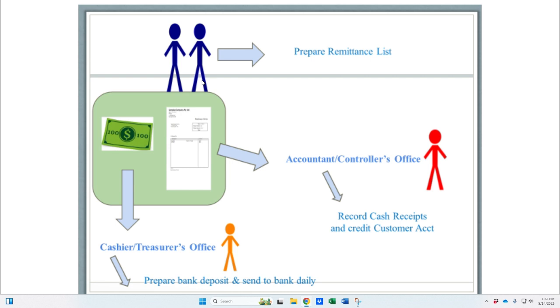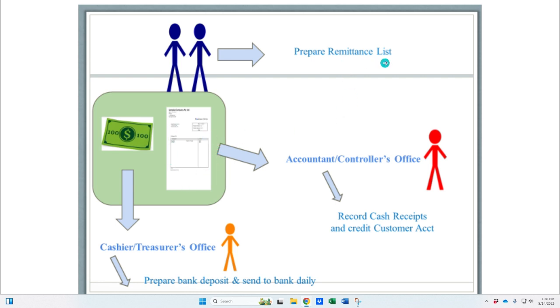Then they're going to prepare a list of all the cash receipts that came in during the day. This is called the remittance list. So again, that's just a summary of, or a list of all of the different checks and payments that were made during the day. So when a payment comes in, typically there's going to be two pieces. There's going to be the money or the check, as well as something called the remittance advice.